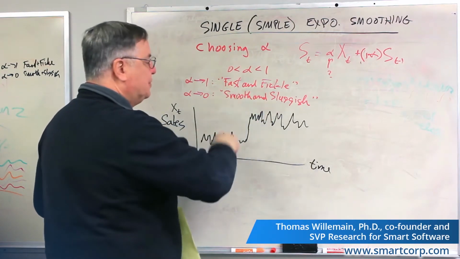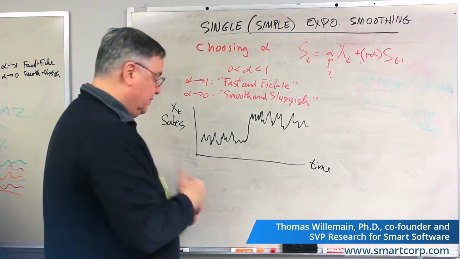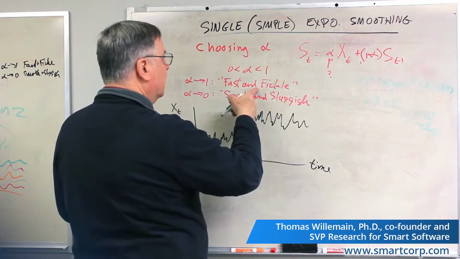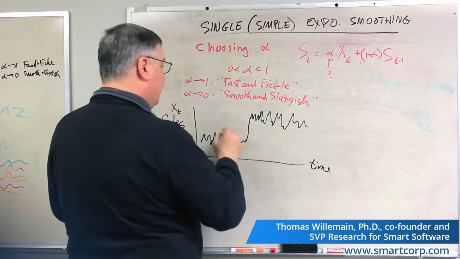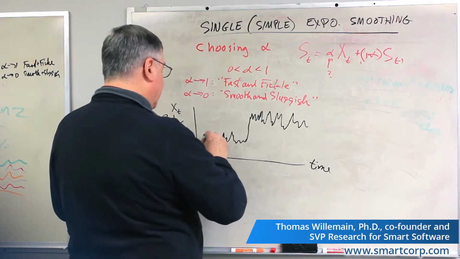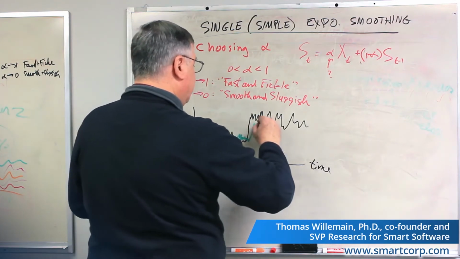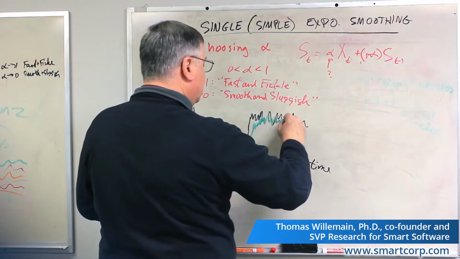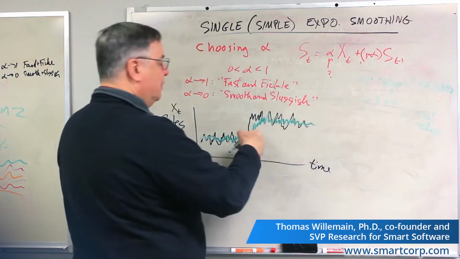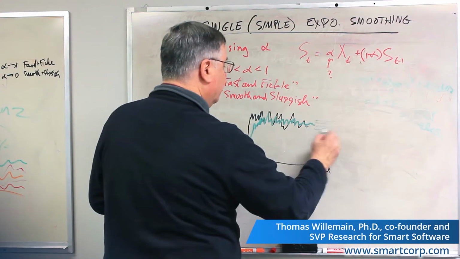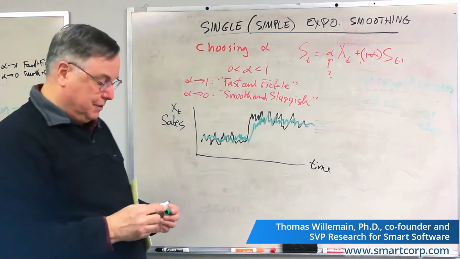That's why it's going to be fickle. But it will adjust quickly. It'll be fast in responding to the change in the level. So for that situation, our smooth will actually not be very smooth, and it'll jump up, it'll lag a little, but it will catch up pretty quickly, but it will itself be pretty volatile, which leads to some uncertainty about where the forecast is going to be.